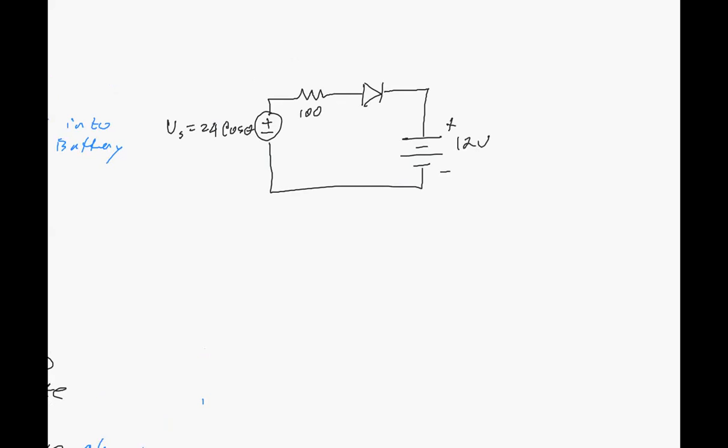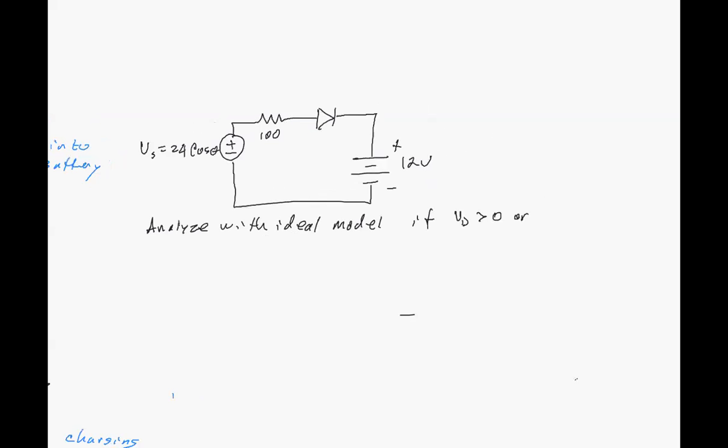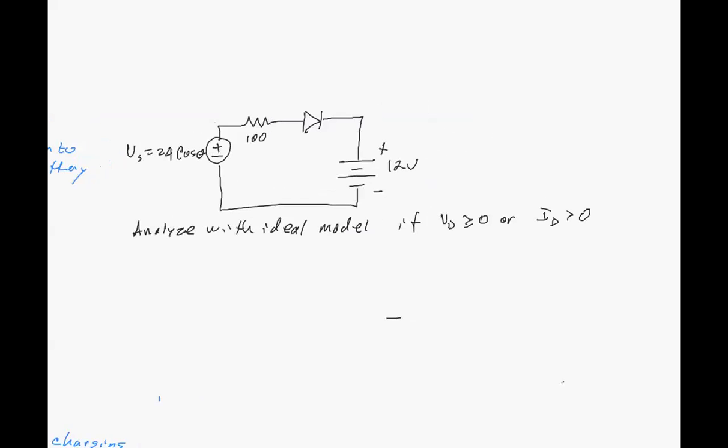We can analyze this with just the very simple model, the ideal model of a diode. And remember, in that case, if the voltage in the diode is greater than or equal to 0, or the current is positive, then the diode is a short.